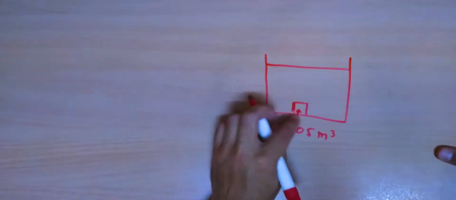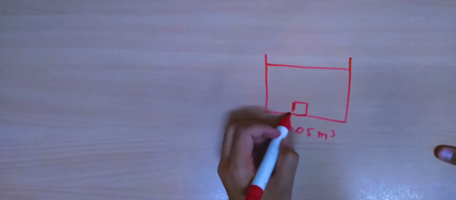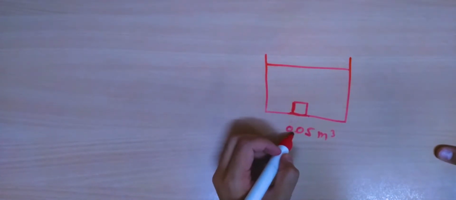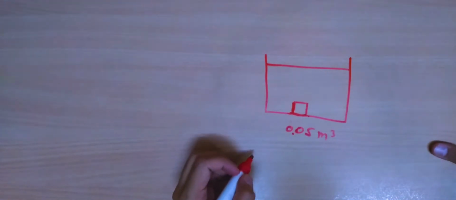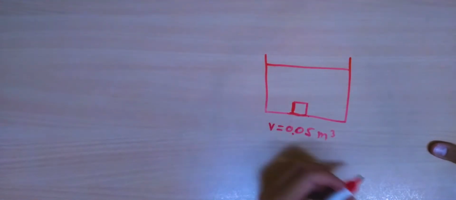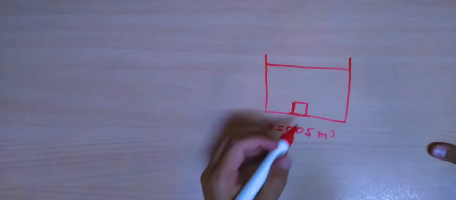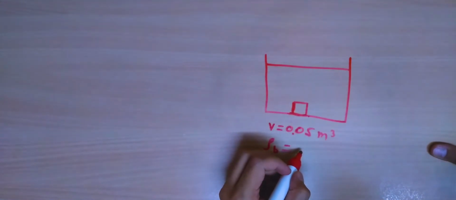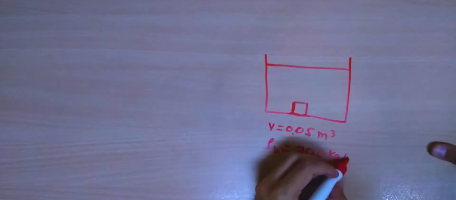Let's not draw an arrow right now because arrows are generally used to show the force, so you should also avoid drawing an arrow. I'll just write V equals this much, and rho B, density of the block, is given as 700 kg per meter cube.